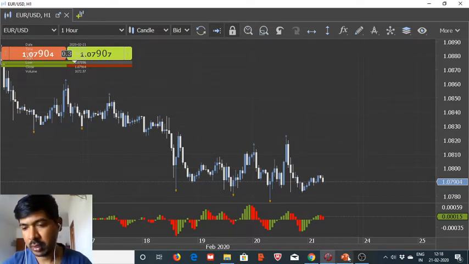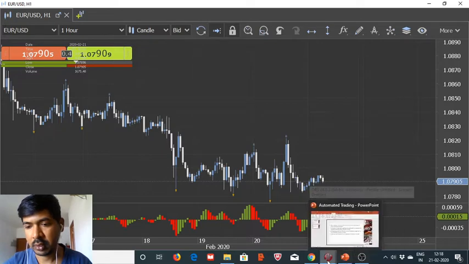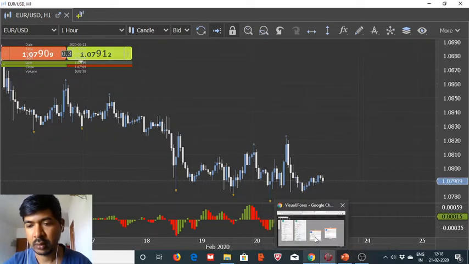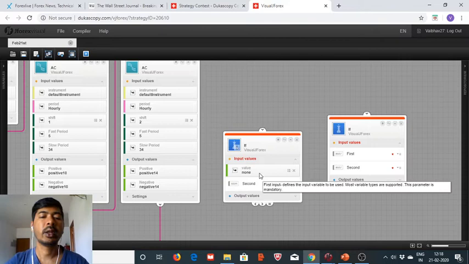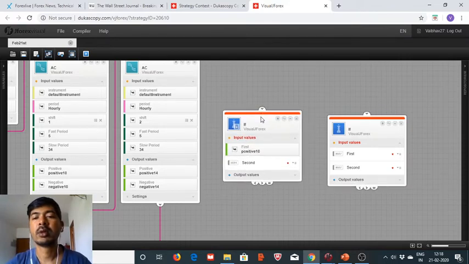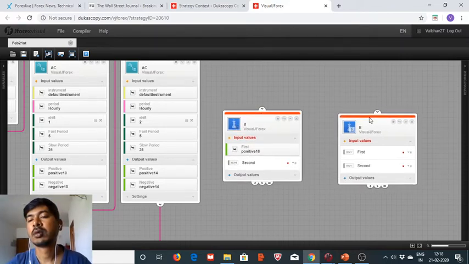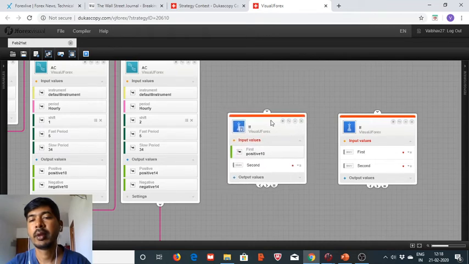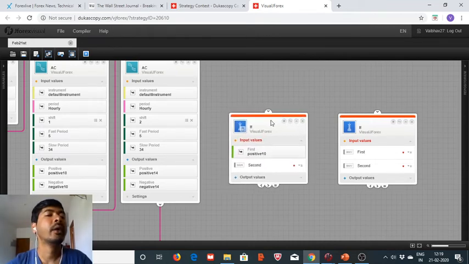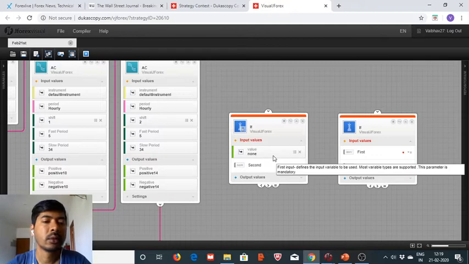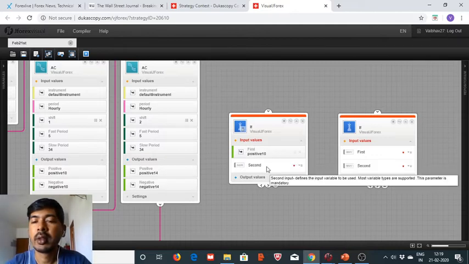Now for determining the entry and exit, we need this positive 10 should be greater than 0.